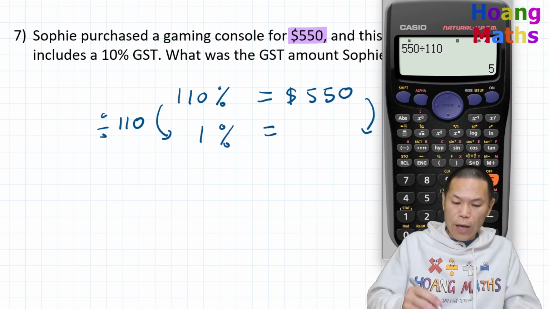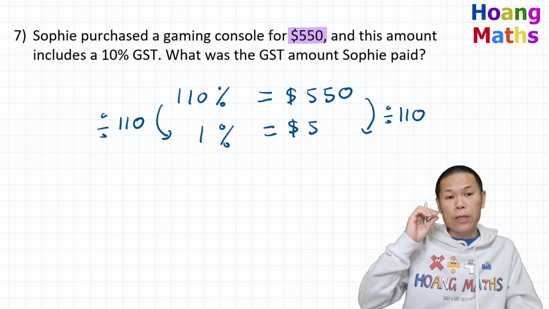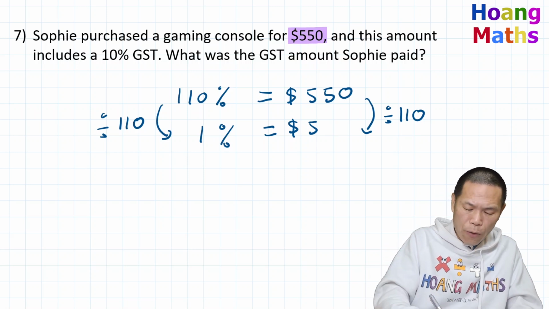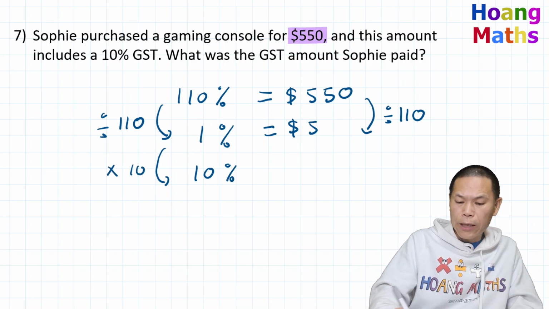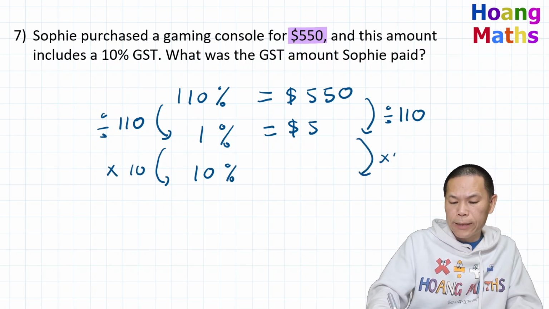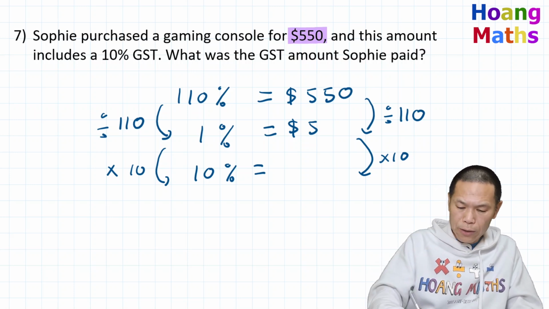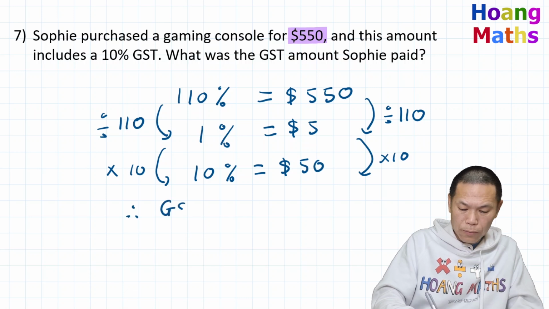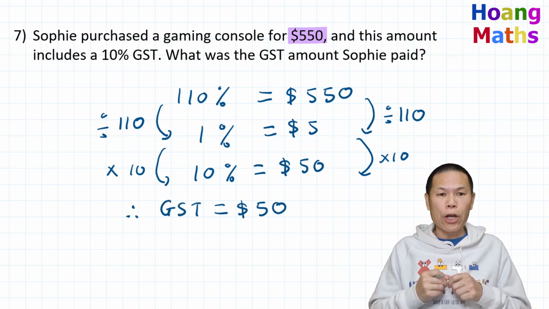There you go, that is $5. So we need to work out 10%. From 1% to 10%, we times by 10. 5 times 10 is 50. So that is $50. I hope you got it correct.